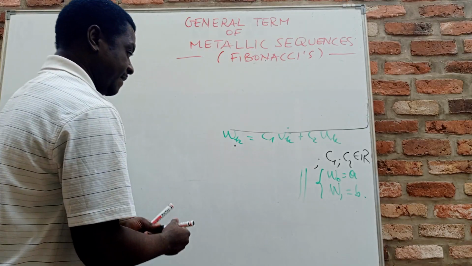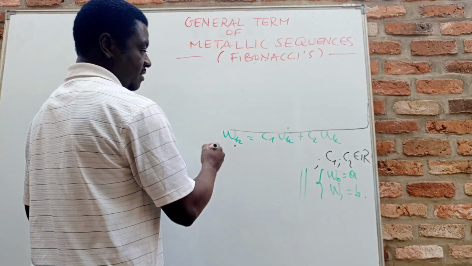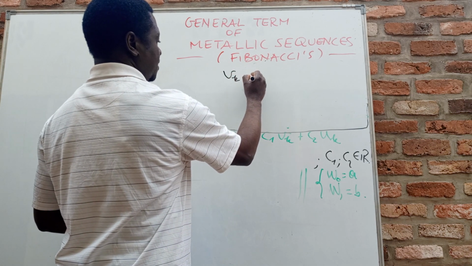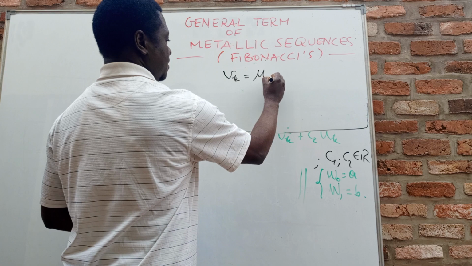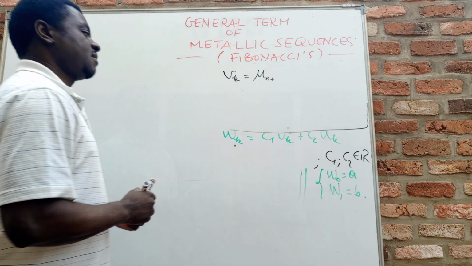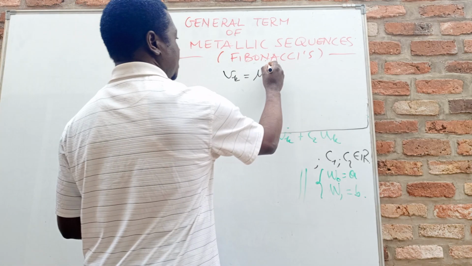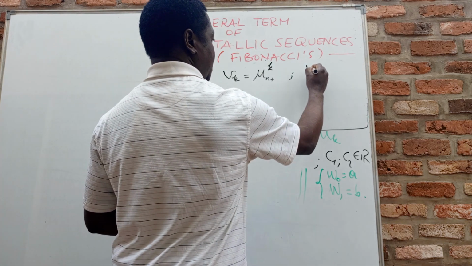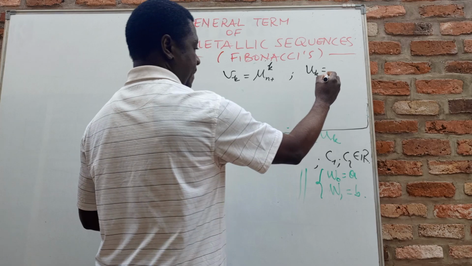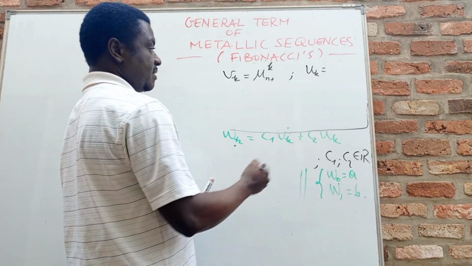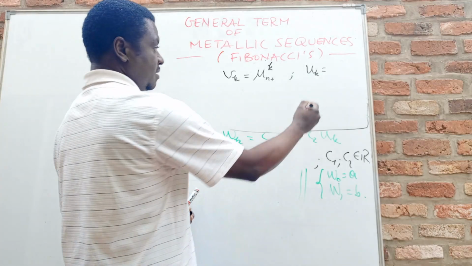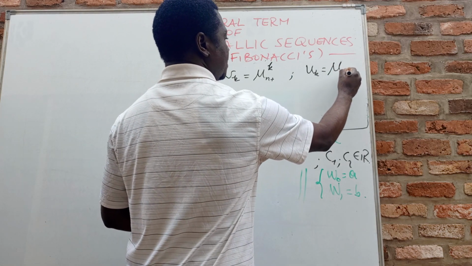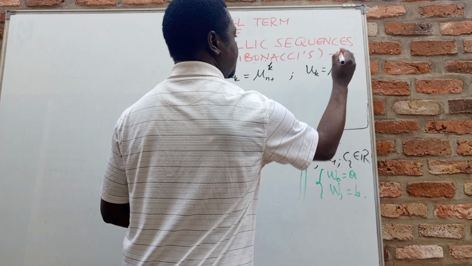In this case, we are going to consider Vk as the metallic ratio power k, and Uk, as indicated at the beginning, equal to its conjugate power k.